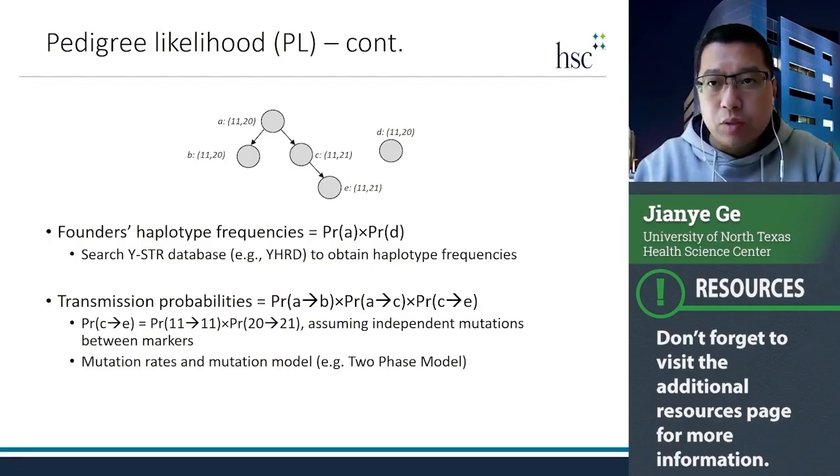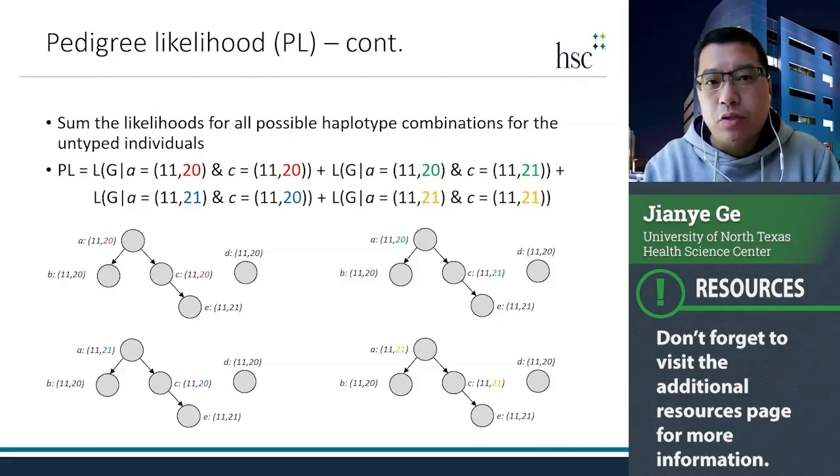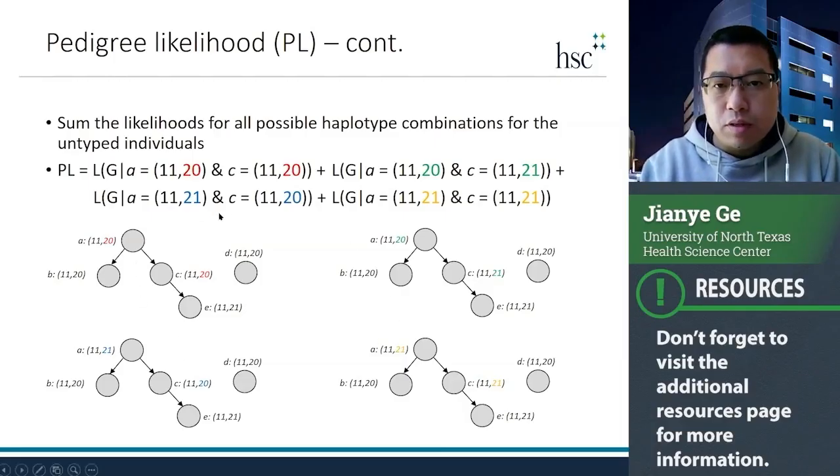But this is just one possible haplotype combination. If we consider all possible haplotypes for those untyped individuals, there are probably many possible haplotype combinations. Then the pedigree likelihood will be the sum of the likelihoods of all those possible haplotype combinations. So in this particular example, we have two untyped individuals.